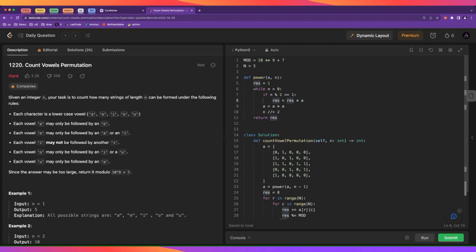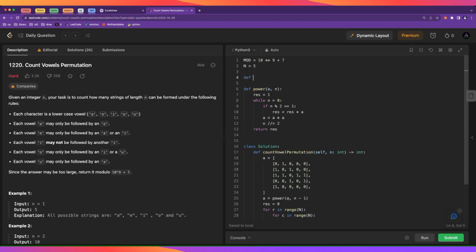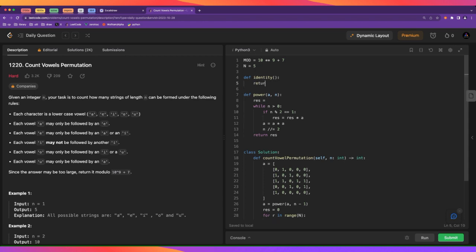But we haven't overloaded the multiplication operators, so we need to change things. For example, instead of a 1, we want the identity matrix.